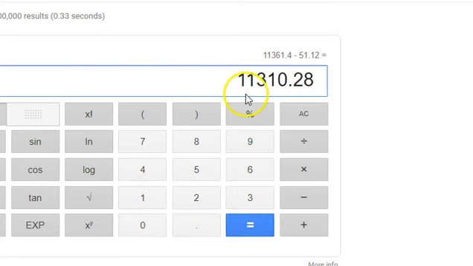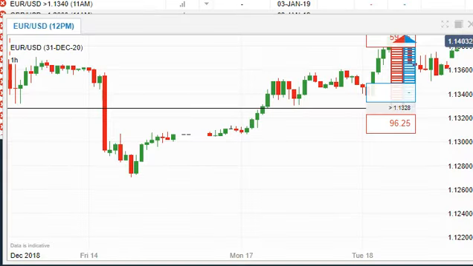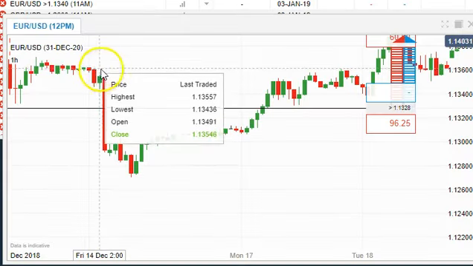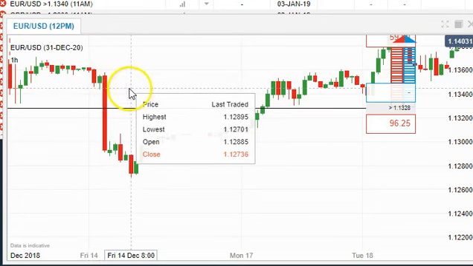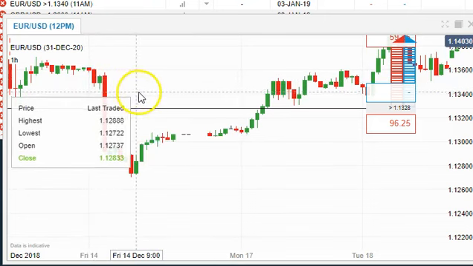And that will equal 113.10.2. So you can chop off that last digit there. You don't need that last digit. So 113.10.2. So over here on Nadex, you would go over here and it needs to be below that number.